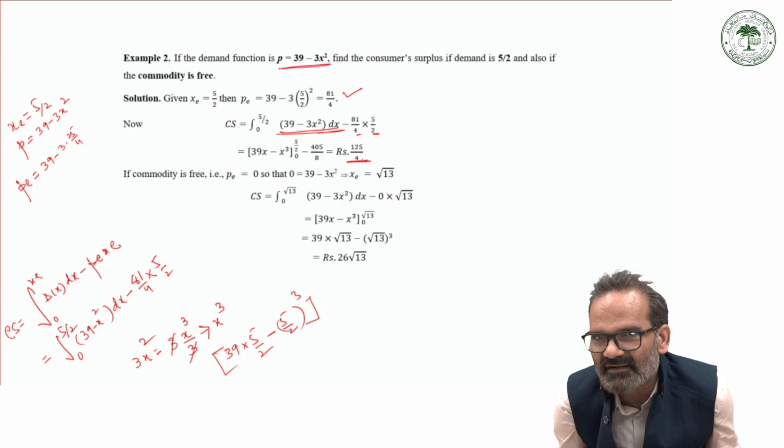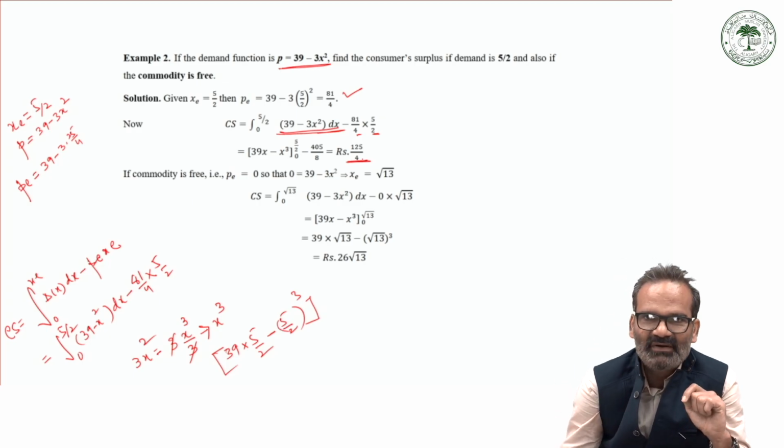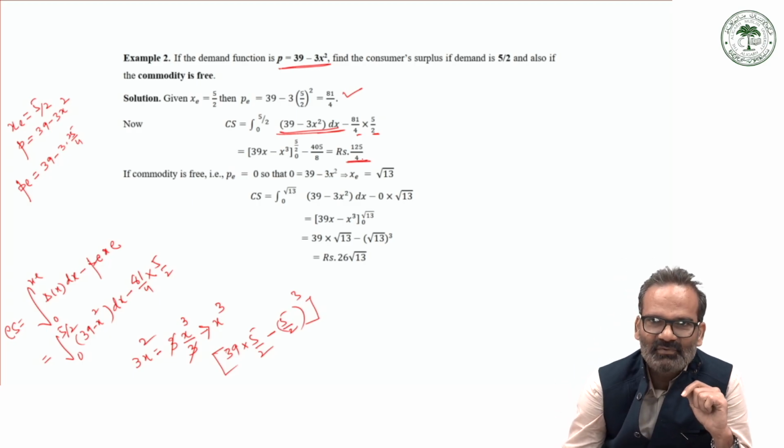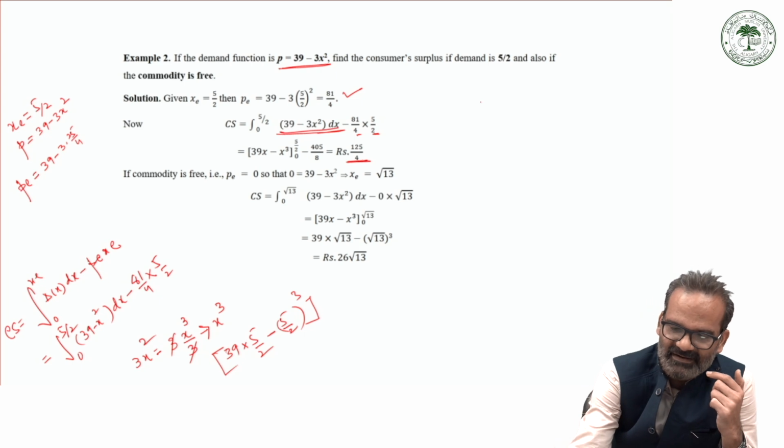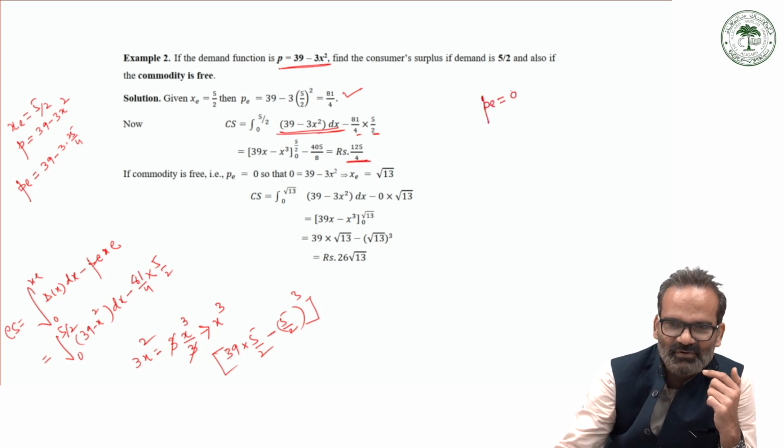So this is the first part. And what he is asking in case 2, if the demand is 5 by 2, then determine the consumer surplus, and also if the commodity is free. So if the commodity is free, it means its price, that is PE, is equal to 0.